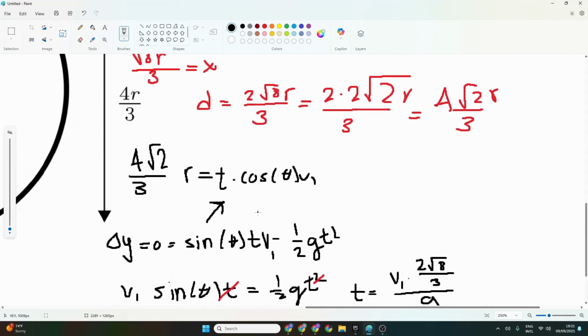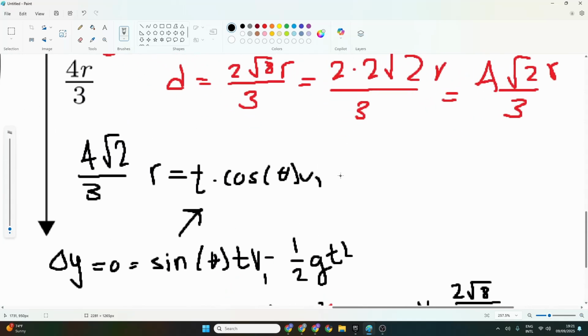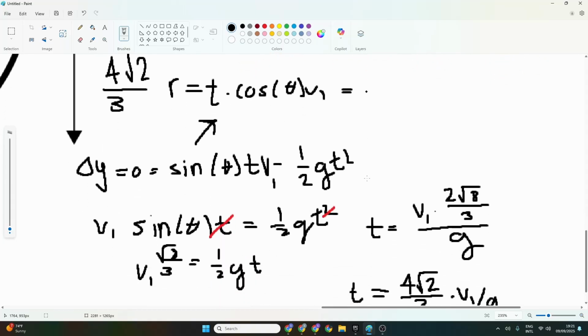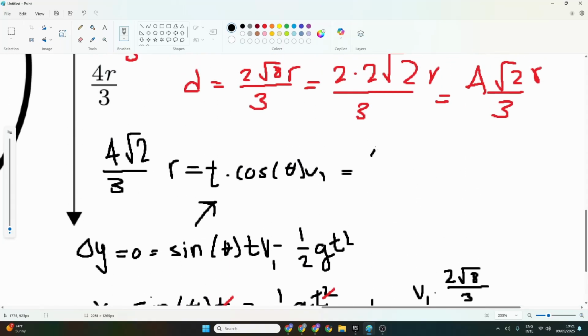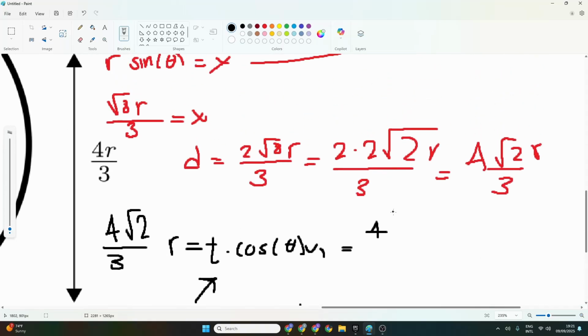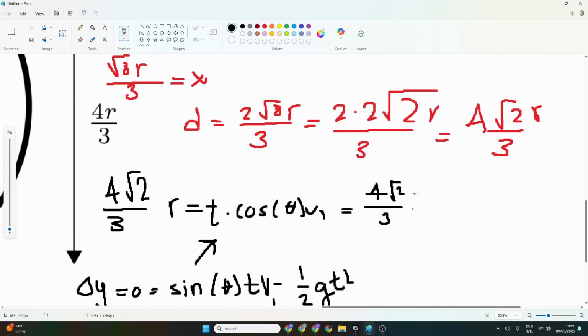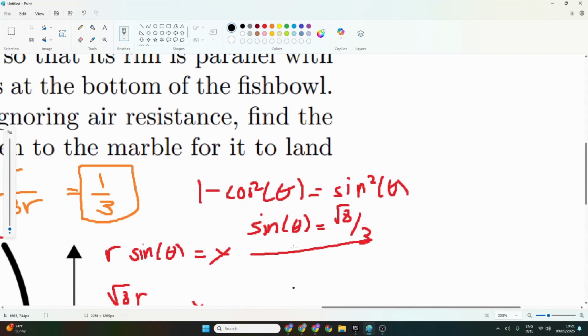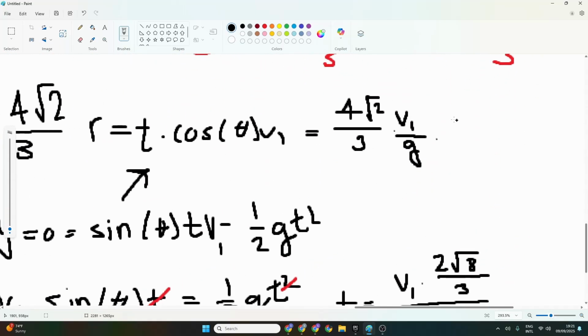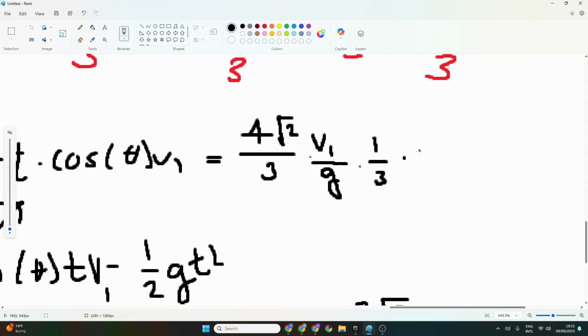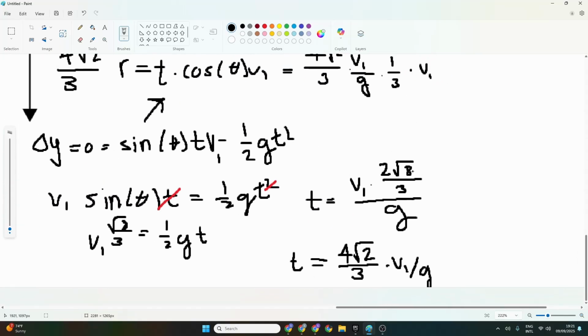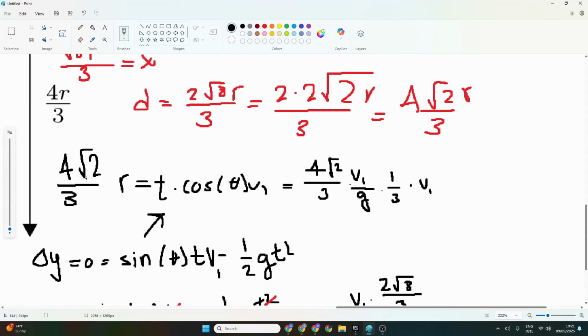And then we can just plug that into this expression right here, which would give us 4 radical 2 over 3 times v1 over g times cosine of theta, which is, as we've already established, 1 over 3, times v1, and that is equal to this expression over here.